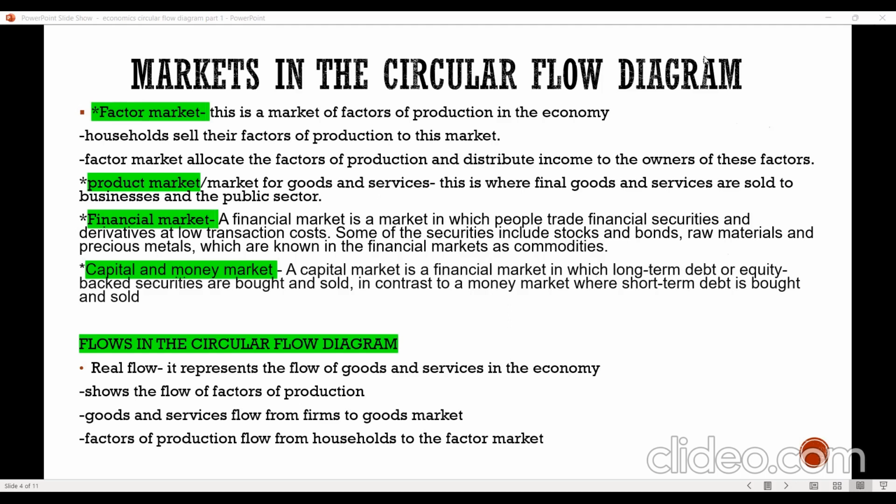Okay, what is the financial market? A financial market acts as an intermediary between firms that are willing to trade financial instruments, not goods and services.